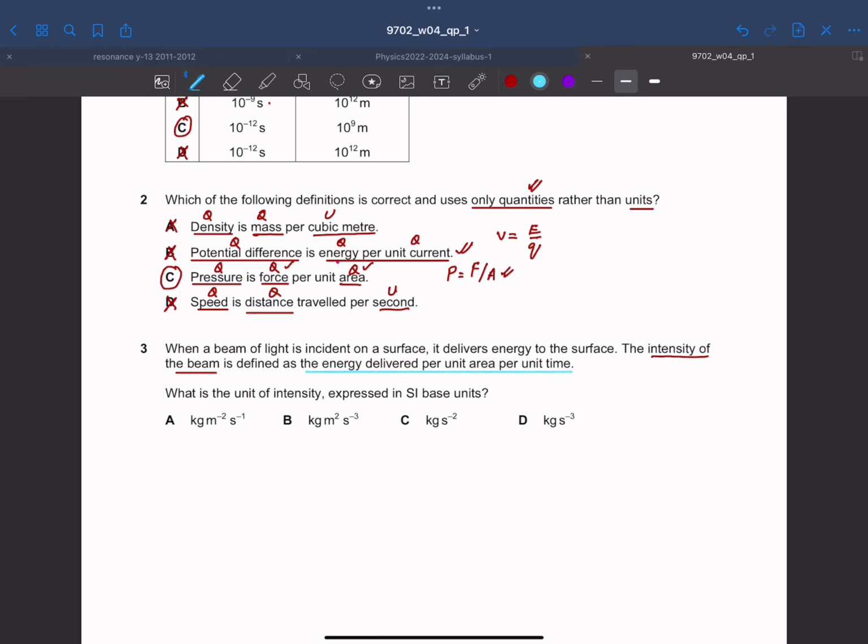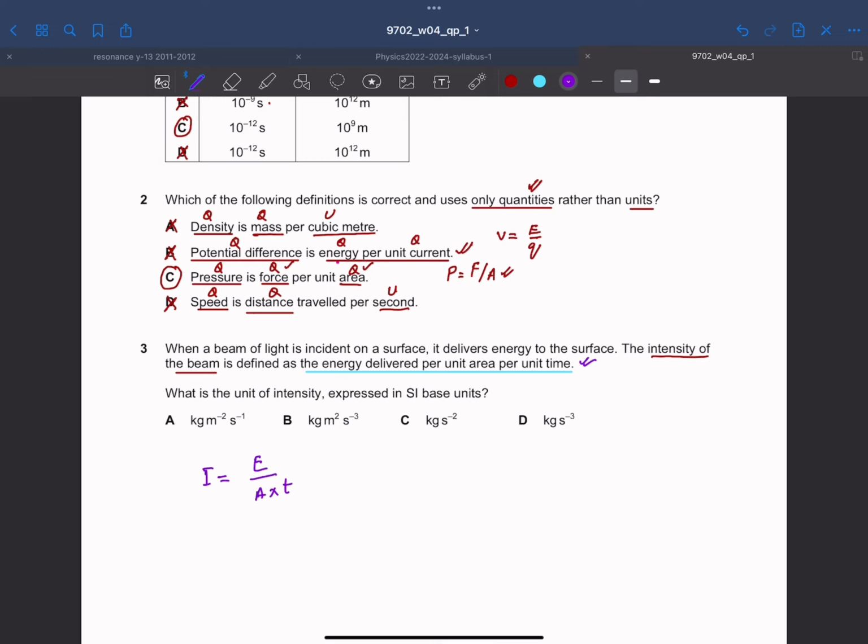What is the unit of intensity expressed in SI base units? First of all, intensity is nothing but energy per unit area per unit time. This is the equation we can write according to the definition given.